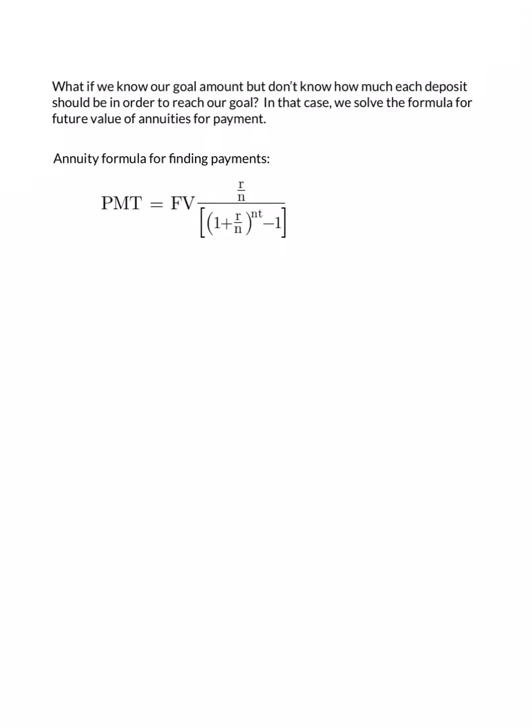Our annuity formula for finding monthly payments or quarterly payments or whatever the periodic payment is: future value equals this fraction of r over n, all of that over the quantity 1 plus r over n to the nt minus 1. I just did algebra on the previous formula and solved it for payment.